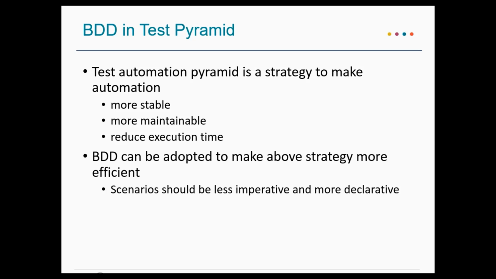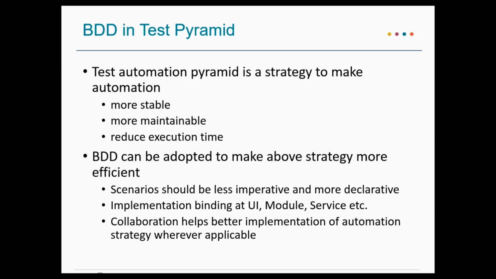And scenarios should be less imperative and more declarative. What I mean by imperative and declarative is that it should not be very UI specific. It should be focused on the behavior, not on the user interface perspective. So implementation binding, if you are using any tool, should be done at various levels that we have already discussed.